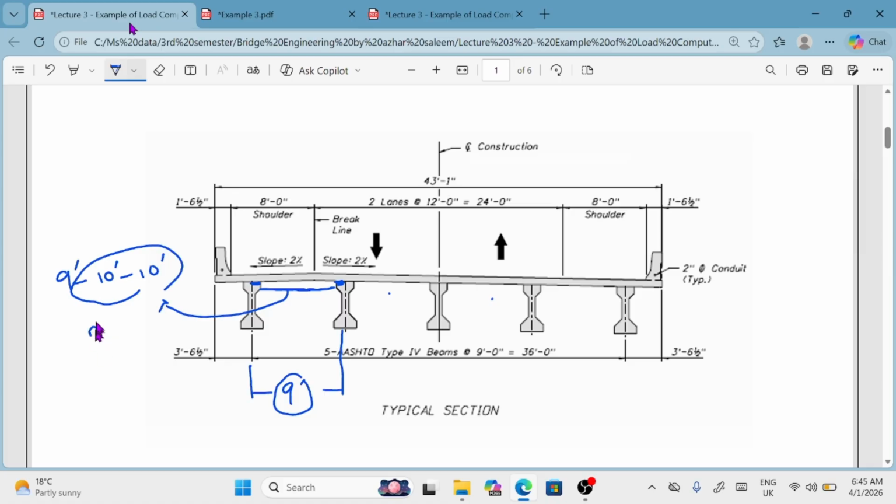If I convert it into feet, 20 inches divided by 12, it will become equal to 1.67 feet.